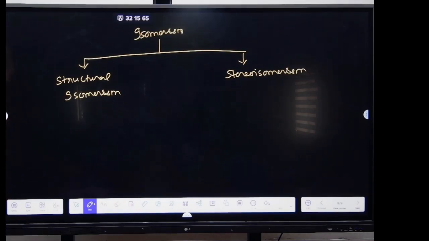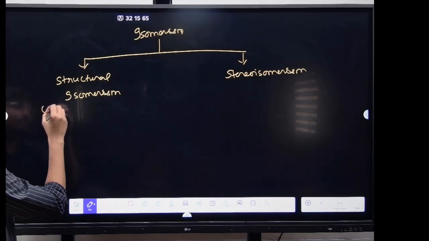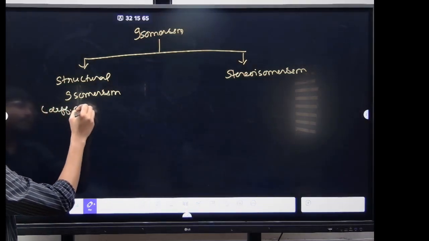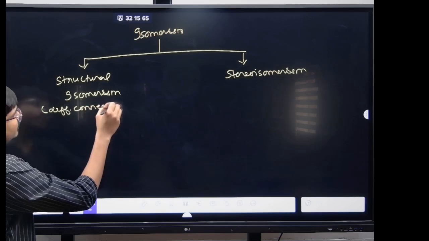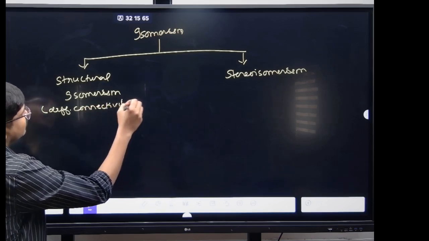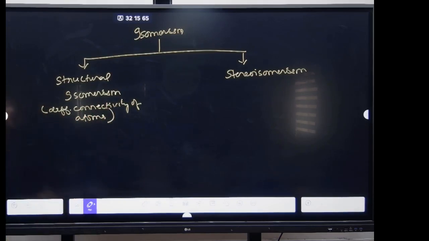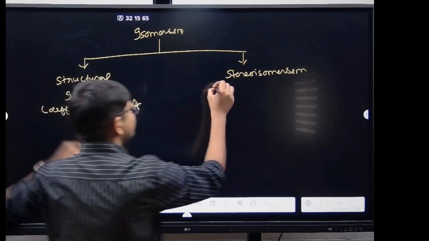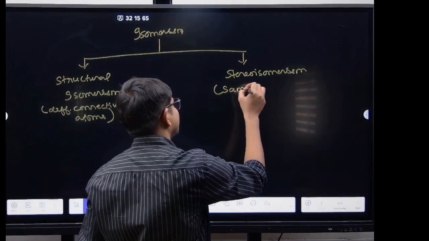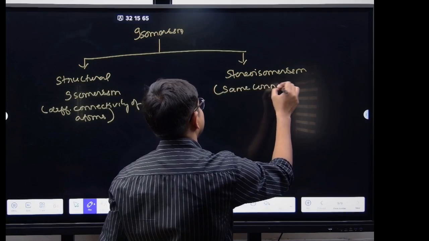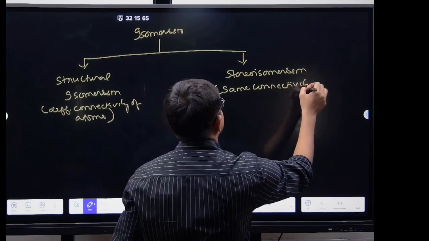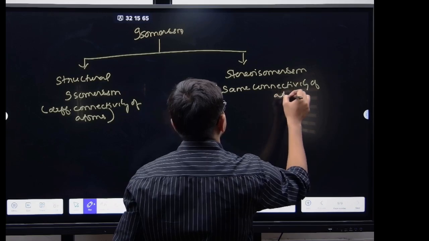What is the difference between structural isomerism and stereoisomerism? In structural isomerism, you will have different connectivity of atoms. Here in stereoisomerism you will have the same connectivity of atoms.